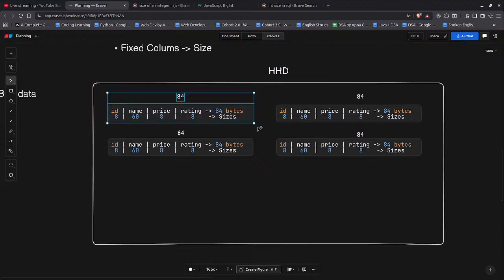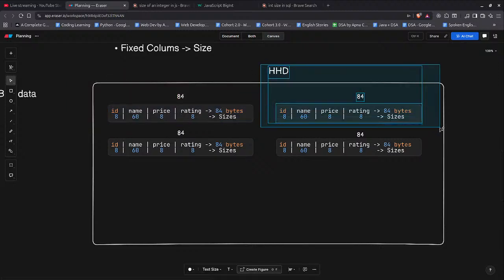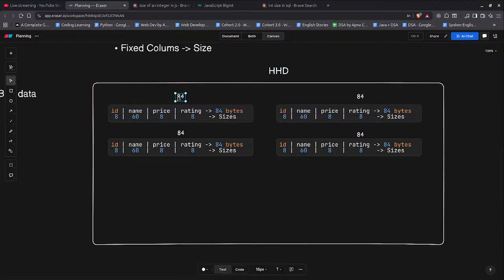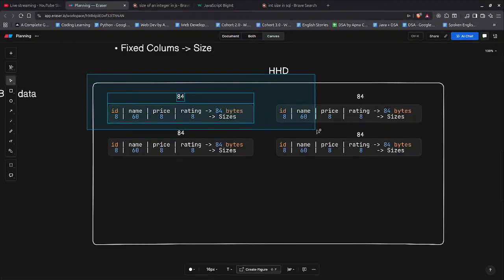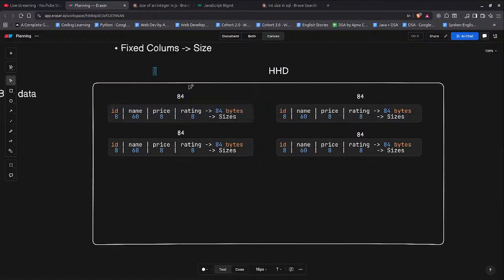If the ID is second, we will get the second 84 bytes, and to calculate that, we already know that it has fixed size as well as fixed columns. When we want the second 84 bytes, we simply add. Suppose starting was 0 byte, we went from 0 to 84 bytes. That was the data for the first one.